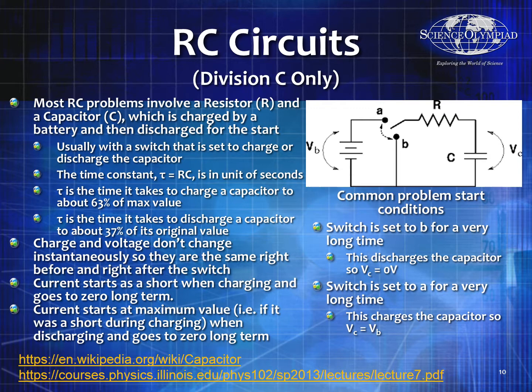Now if it was set to A for a very long time, the capacitor would be fully charged. Since it's fully charged, no current can go through it, so the voltage at B would equal the voltage at C because there's no current going through R. So the maximum voltage this capacitor would assume when the switch is set to A for a very long time is VB.